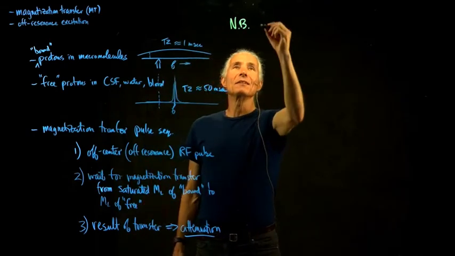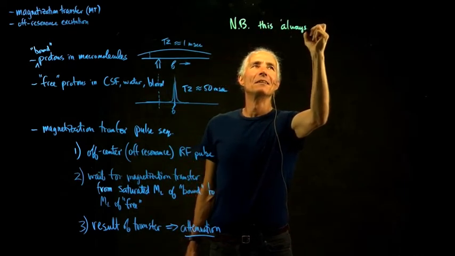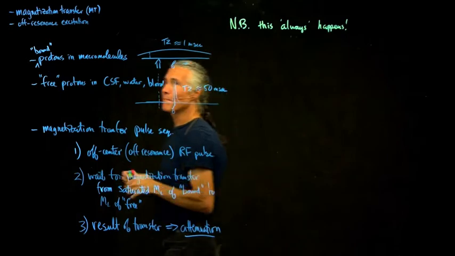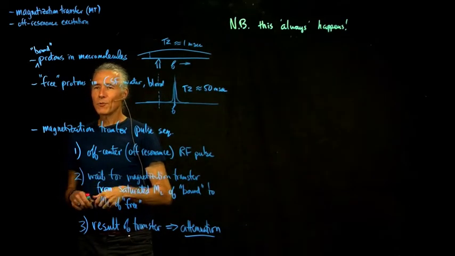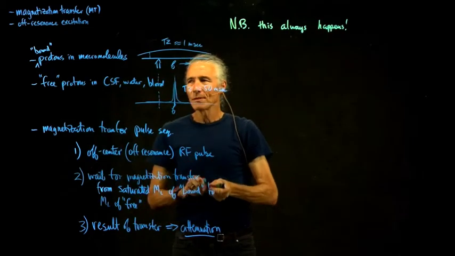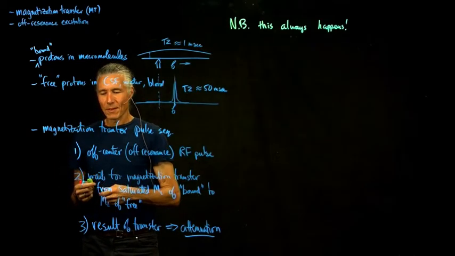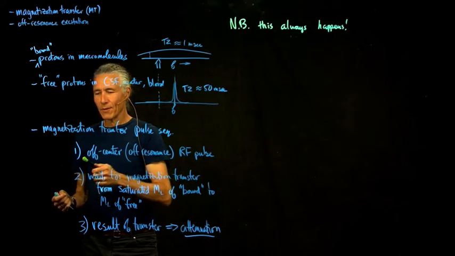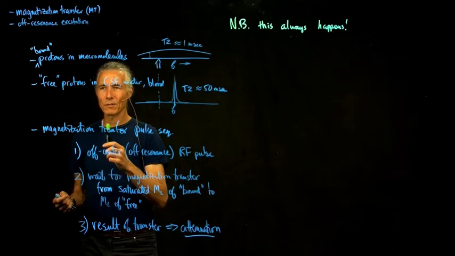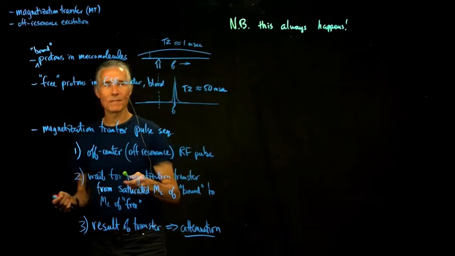This always happens anytime you do a hard pulse. For instance, in a typical anatomical T1 scan, like an MP RAGE scan, you do a 180 and then you do like 100 hard, low tip angle RF pulses in a row in 1 second.